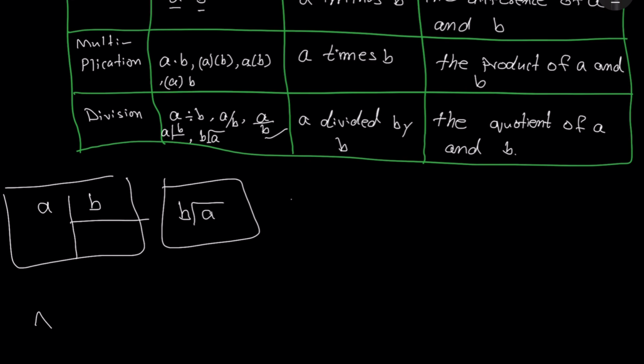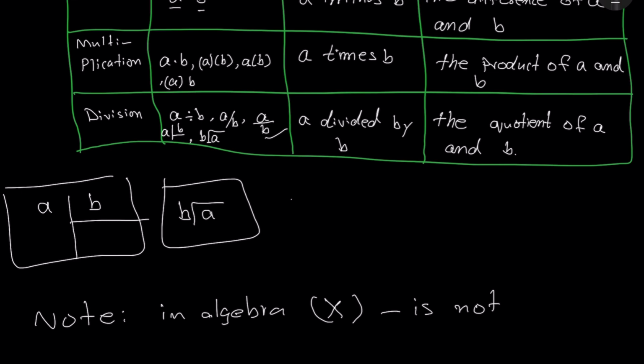Something to remember here is that in algebra we do not use x as a symbol for multiplication, because it creates more confusion with the letter x, since we are dealing with letters in algebra.